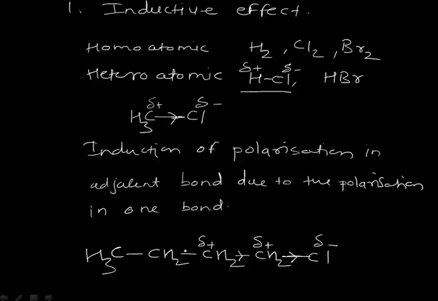Again it pulls some electron from the next carbon, and we get positive charge on that carbon. Similarly we have pulling of electrons from the carbon-carbon bond again. So the polarization in this particular bond induces polarization in the adjacent bond, and therefore other carbons are also partially positively charged or electron deficient.